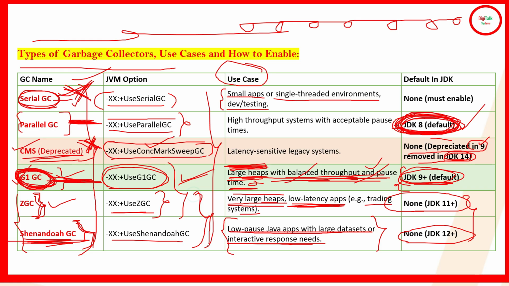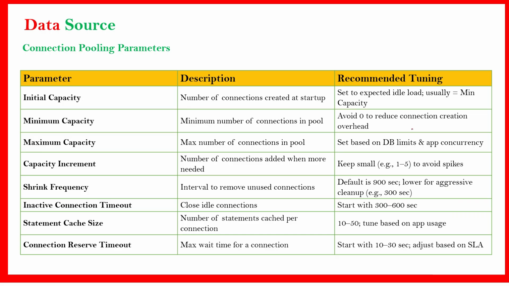Apart from the default, you can try out others for your applications based on use cases. If you are on Java 8, the default is parallel GC, and in 8 you can try G1 GC as well, which will definitely improve the performance of your application. Now we are going to discuss the performance tuning of the data source.